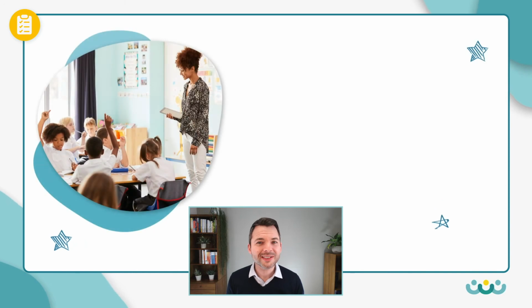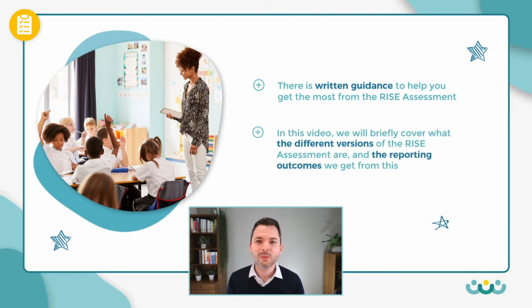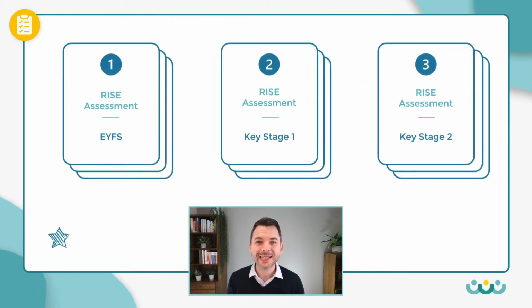Now, while there is some written guidance to help you really get the most from the RISE assessment, we're just going to briefly cover what the different versions are and what the reporting outcomes are that we get from this. The RISE assessment itself has 3 different versions, and each of these is tailored towards the EYFS, Key Stage 1 and Key Stage 2.